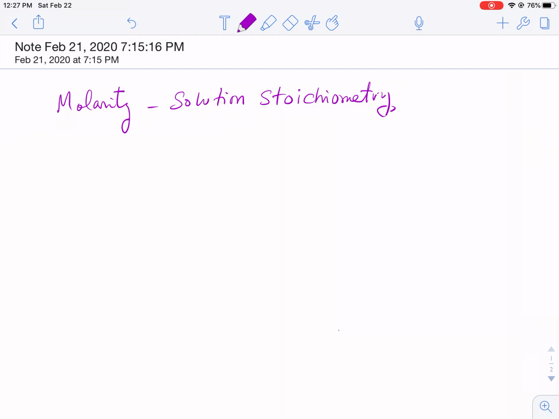And the other one is ion concentrations. It kind of relates to molarity, but let's write down ion concentrations.